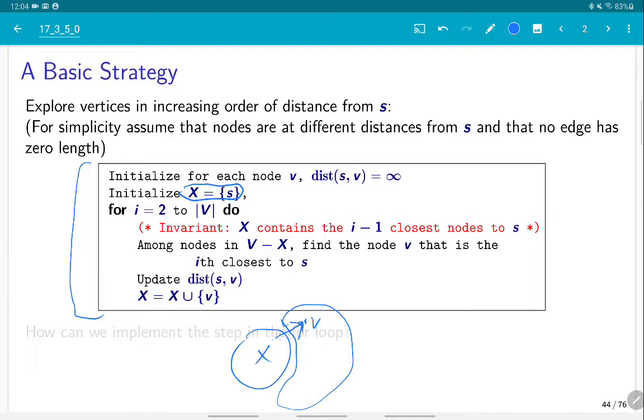We compute this candidate distance for all the edges, and we take the one that achieves the minimum. That's the closest one, and this would be the ith closest vertex. We update the distance to this vertex, we add it to the occupied set, and we move on to the next vertex.